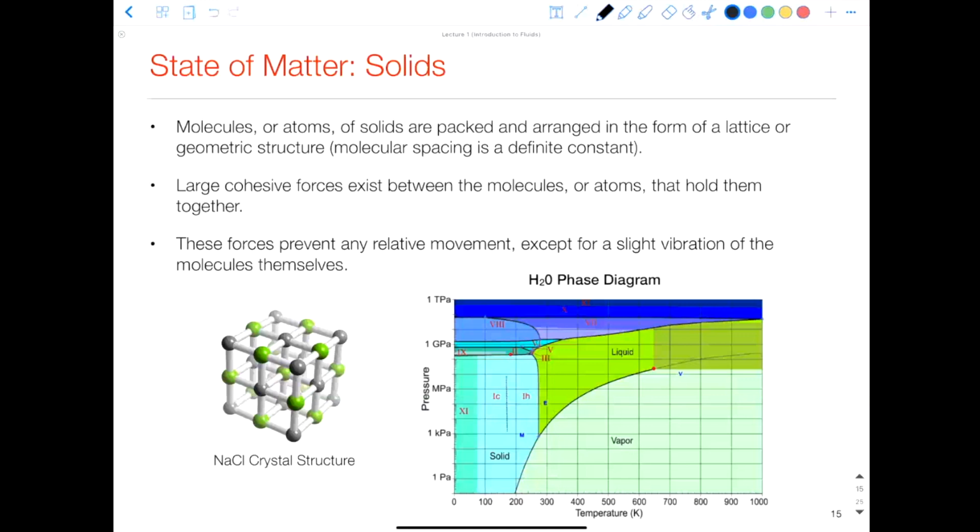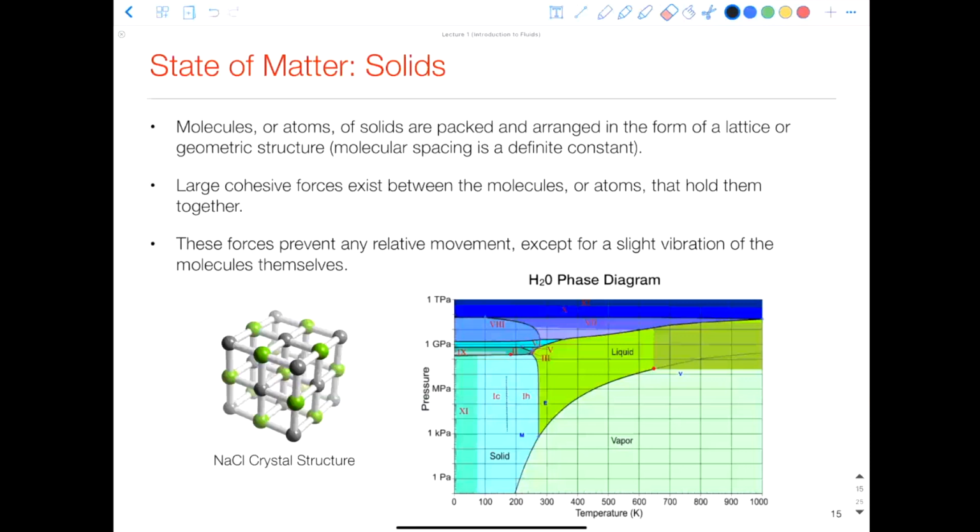This is because the atoms are close enough that they have large cohesive forces between them that hold them together. So there's not enough energy for those atoms to be far enough apart to flow freely around each other. They're kind of stuck in their position. And these forces prevent any sort of relative motion, except for maybe a slight vibration or some things that might take really long periods of time, like diffusion.